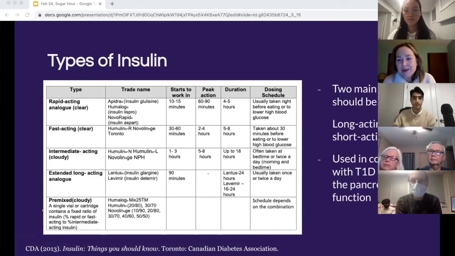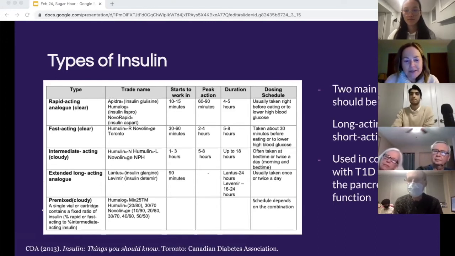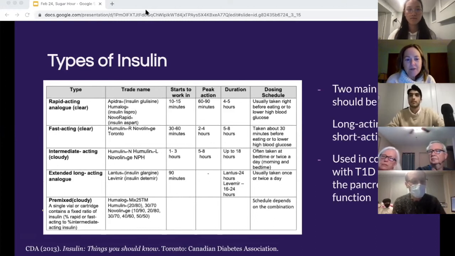Yeah, I was just going to mention, Adam, I know this came from Diabetes Canada, but we can hardly keep up with all the medications for diabetes because the pharmaceutical companies keep trying to improve things so that we can make things better for our patients.